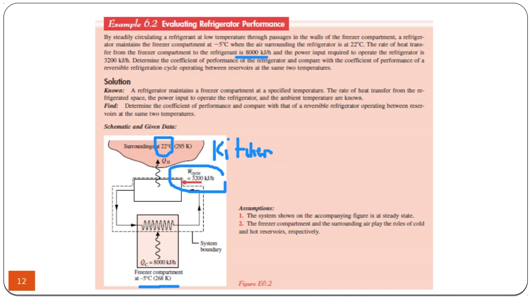So we are going to find the beta of the system, which is the cooling capacity of the system divided by the input work. This is for the actual system. We can also calculate this for a reversible system. In actual system, we use the Qs, but in a reversible system, we can use the temperatures.